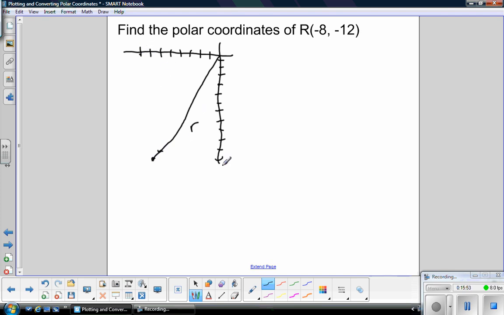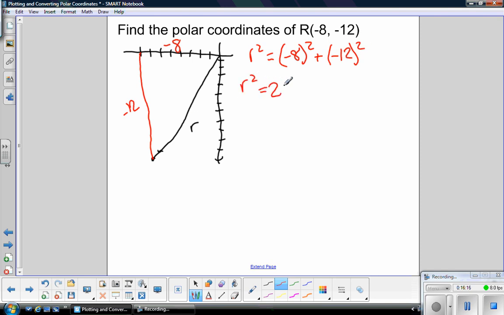So let's see what we have here. This is negative 12. This is negative 8. So r squared, the hypotenuse, is negative 8 squared plus a negative 12 squared. When I add those together, I get r squared equal to 208. So that simplifies when I square root to 4 root 13. So that's my r.